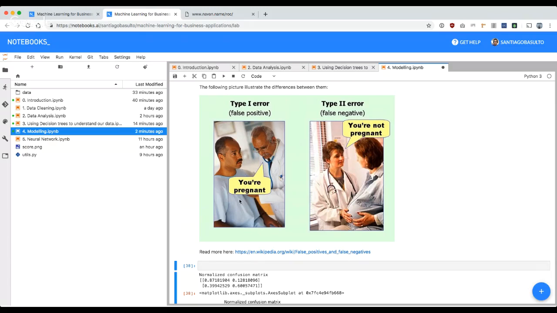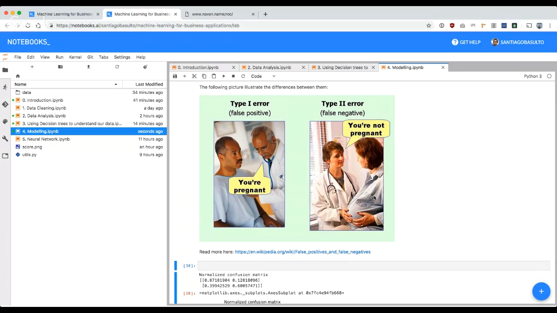Let's be very cautious here, and let's assume you're pregnant so you can do all the checks. You're going to lose a little bit of time and money, but it's preferred to make a false positive than a false negative. A false negative would tell a woman that she's not pregnant, even though she actually is pregnant. So this is usually the worst type of error, the one that hides important decisions to make.